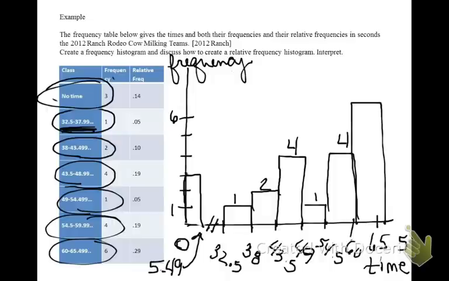Same thing if you do it here, 38 and 43.499. That will give back 5.49. Every single time we're adding that number on. So if you're looking in this height, it's saying that there were 3 observations with a time of 5.49 or less. And the or less is the true answer. It's really that it was a time of 0.